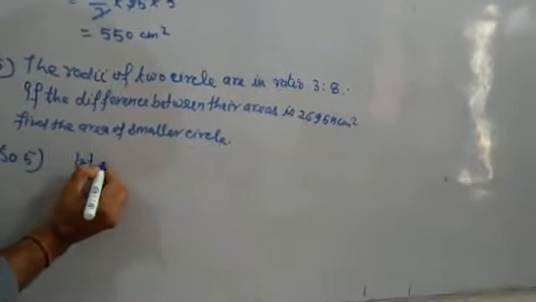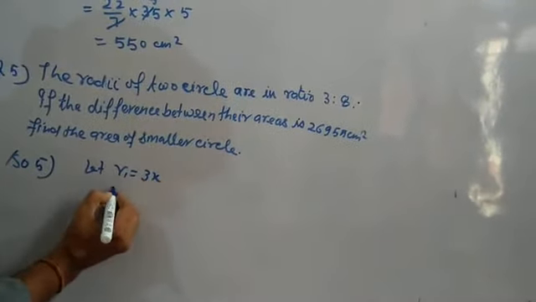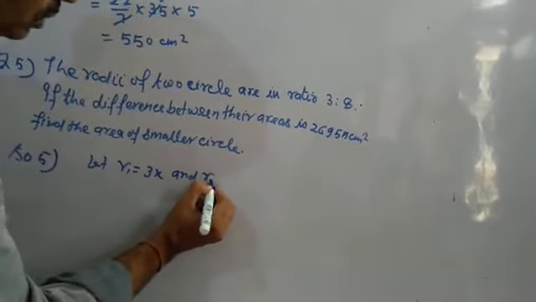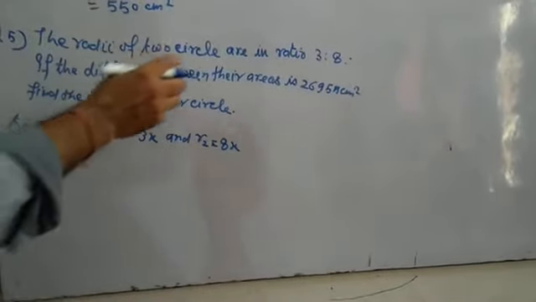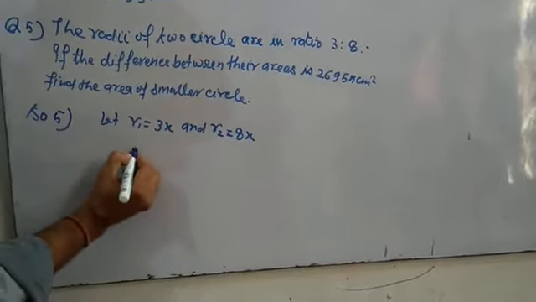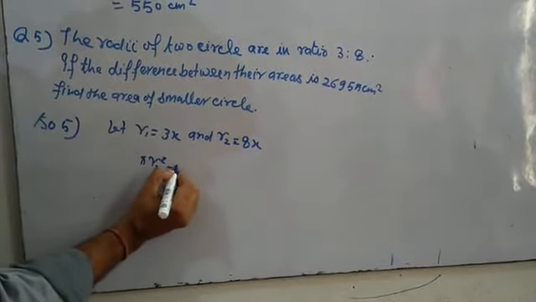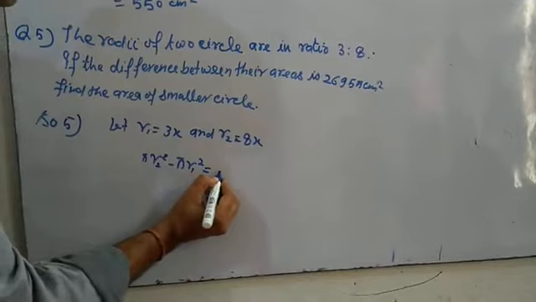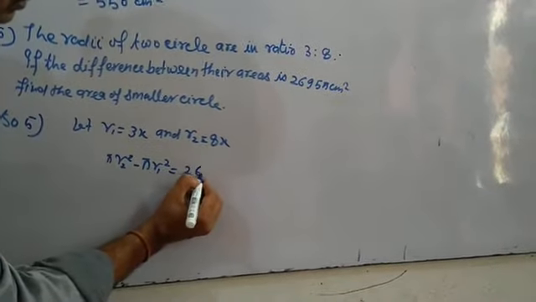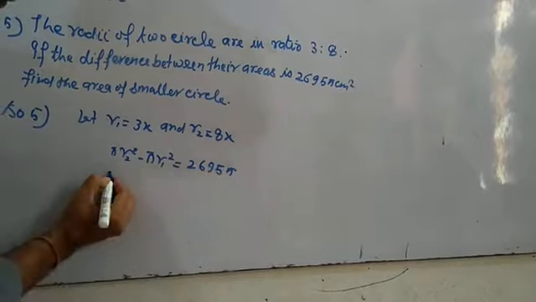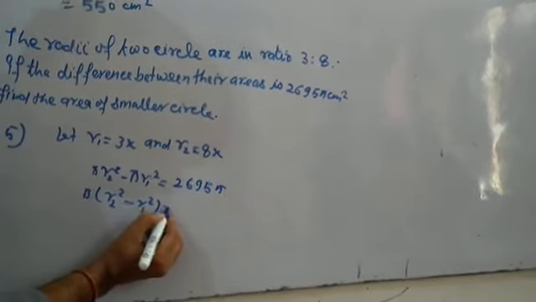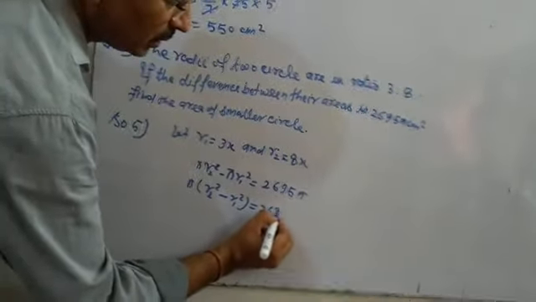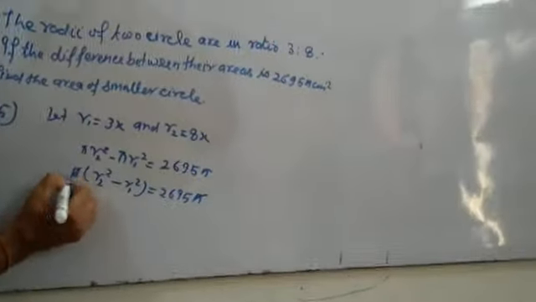Solution 5. Let r1 equal 3x and r2 equal 8x. The difference between their areas means pi r2 square minus pi r1 square equals 2695 pi. Pi taking common, pi cancels.